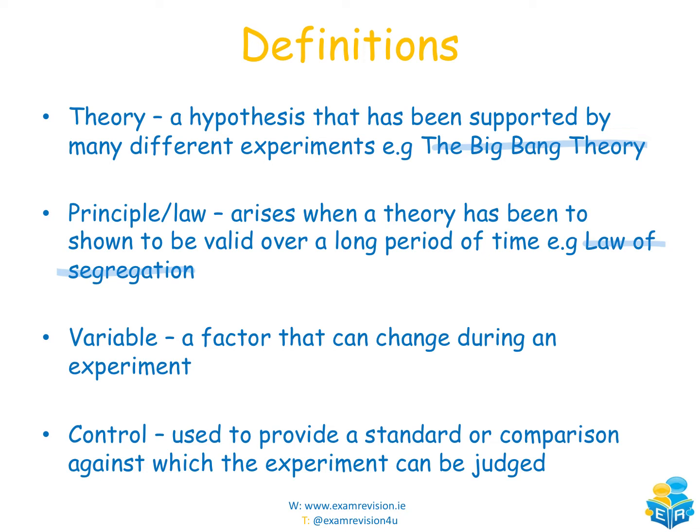So we can actually break that down into a couple of different types of variables. So we have our dependent variables. We have our independent variable. And we have our fixed variable. So the independent variable is what you change.